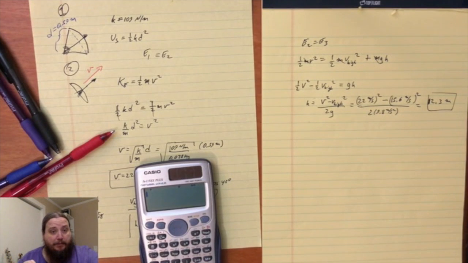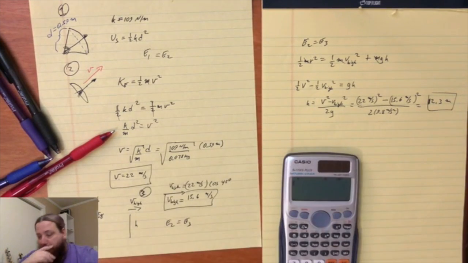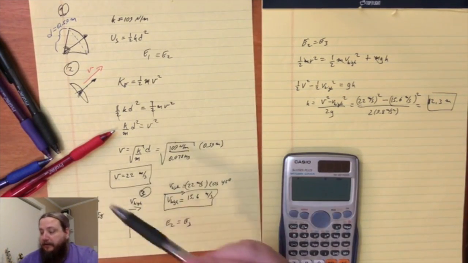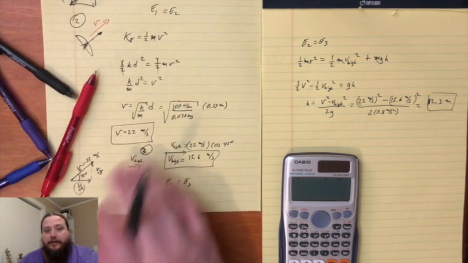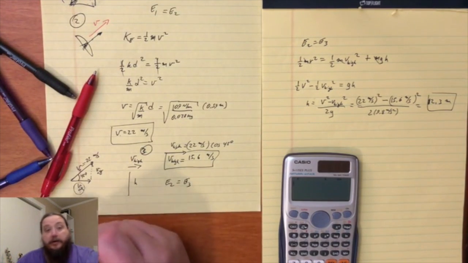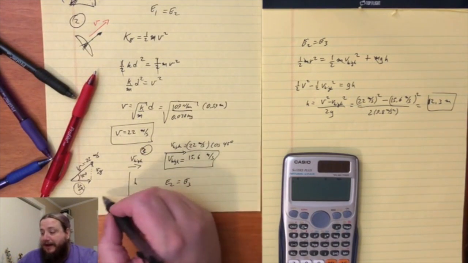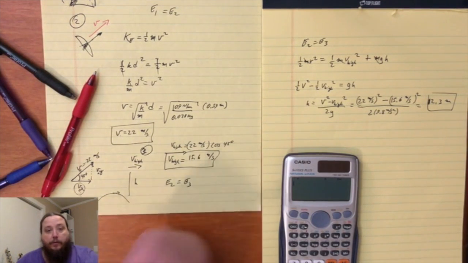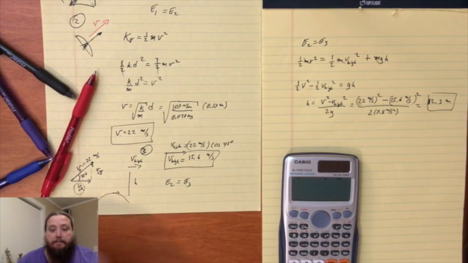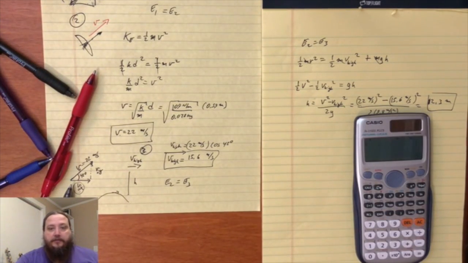We solved it from a pure energy standpoint by applying some of our knowledge about the way that projectile motion works, and in particular, that the horizontal velocity doesn't change during projectile motion, and that at its peak, the vertical component of velocity will be 0. Okay? All right, let's try another one here.